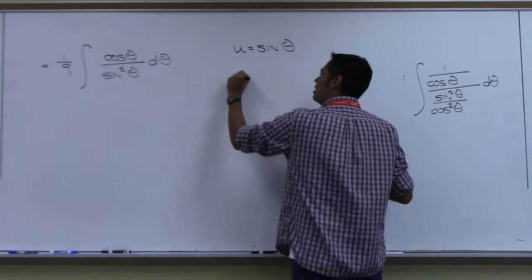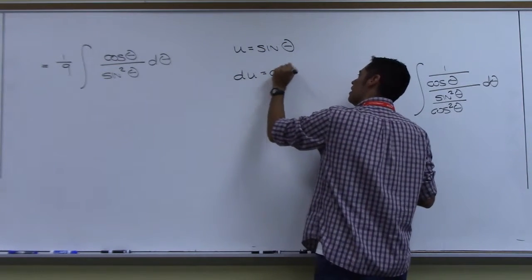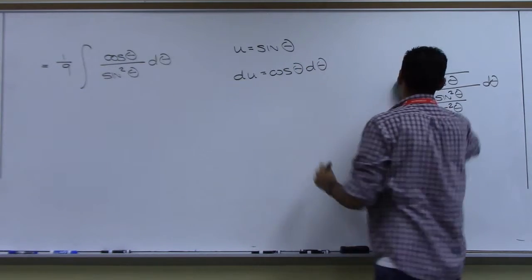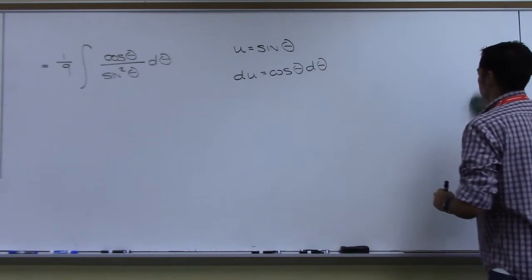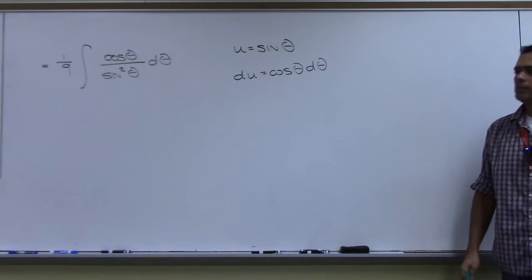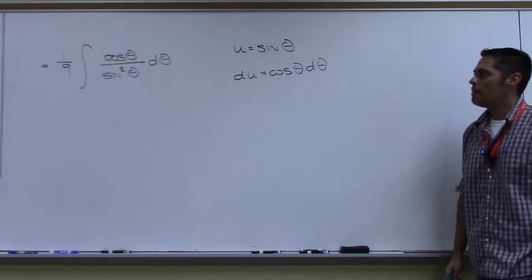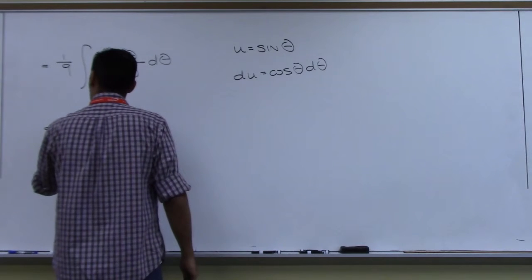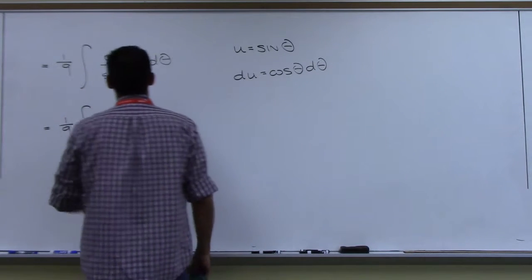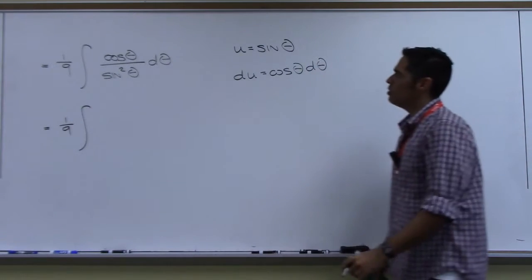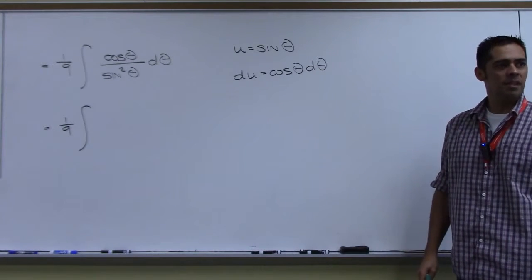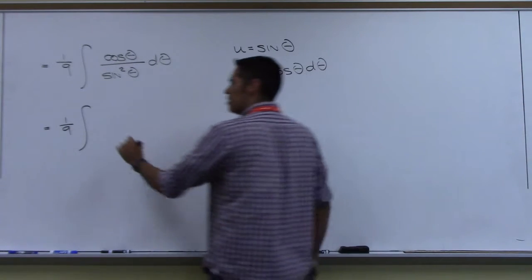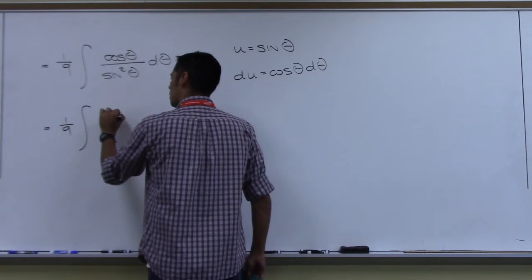U is sine theta, du is cosine theta d theta. And so we should be getting 1/9 integral 1 over u squared du, which is the same as u to the negative 2 du.